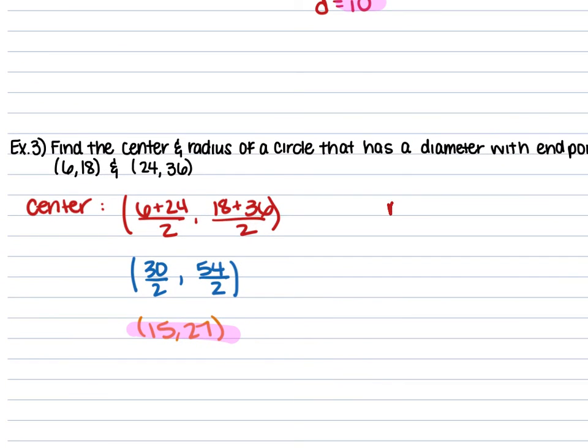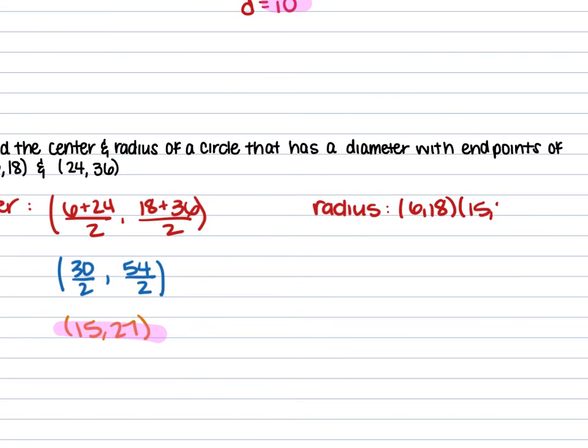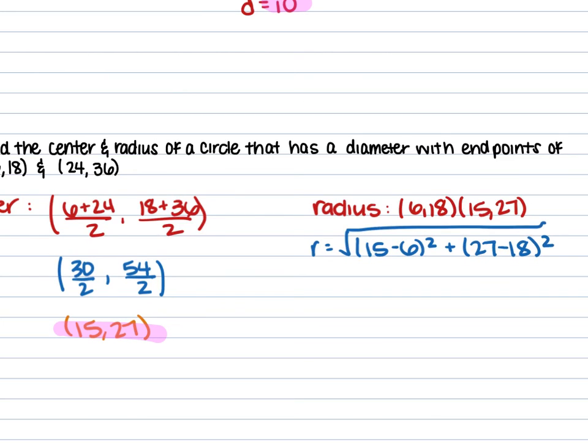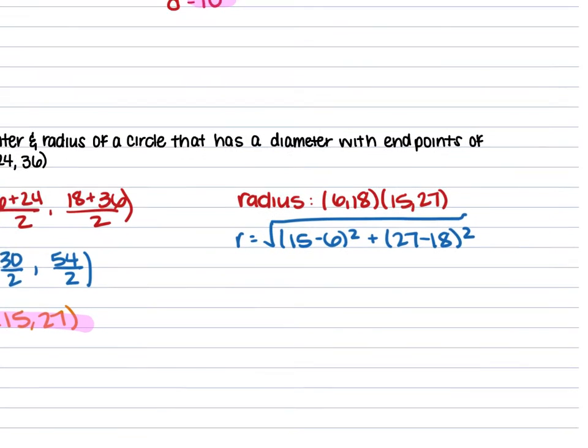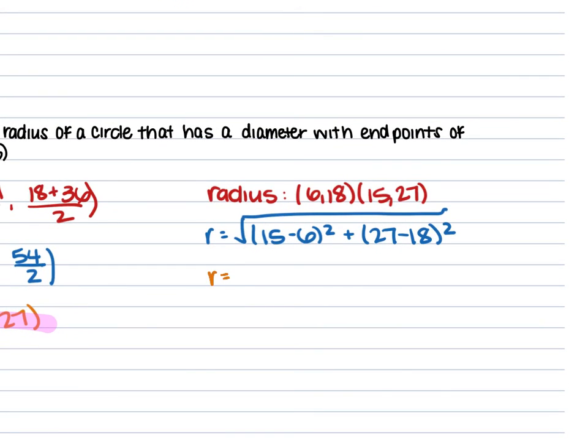For our radius, I'm going to use (6, 18) and (15, 27). So this is going to give me the square root of 15 minus 6 squared plus 27 minus 18 squared. The 15 minus 6 is going to give me 9 squared.